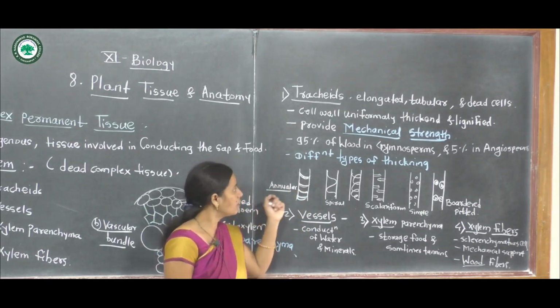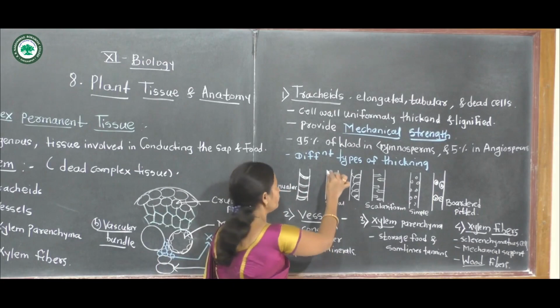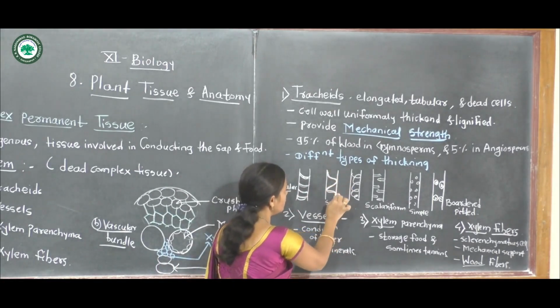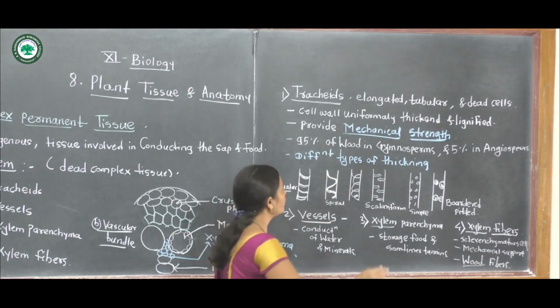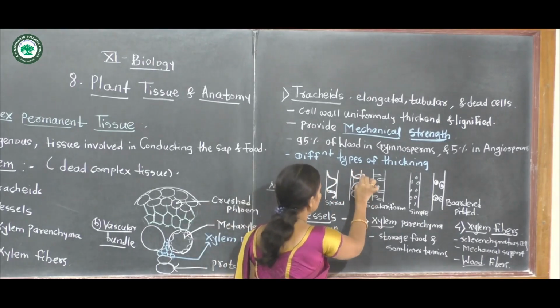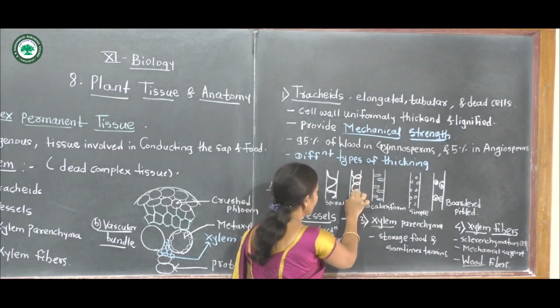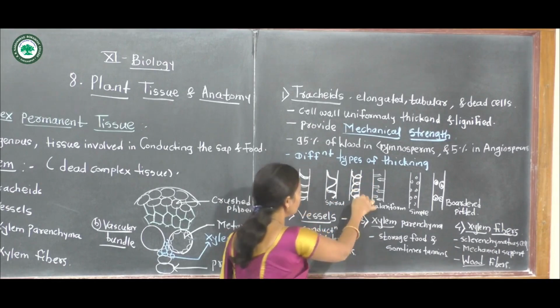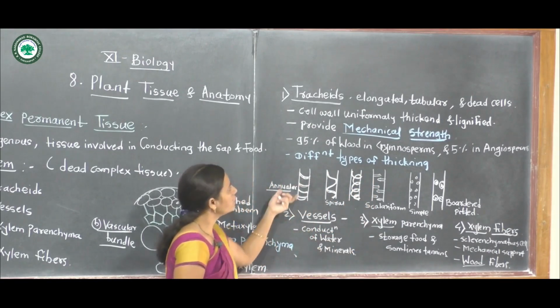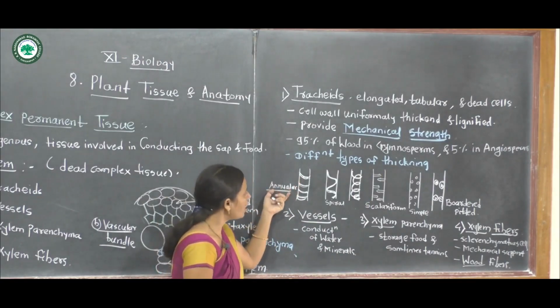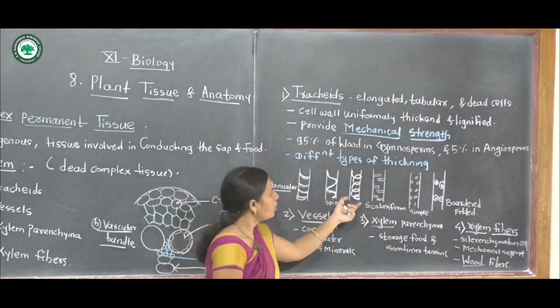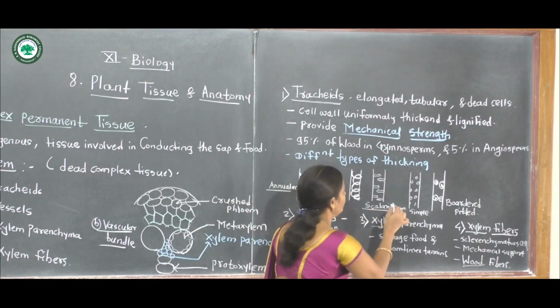The next is spiral thickening. The thickening of the cell wall is due to the deposition of lignin, and the different types are annular, spiral or scalariform.